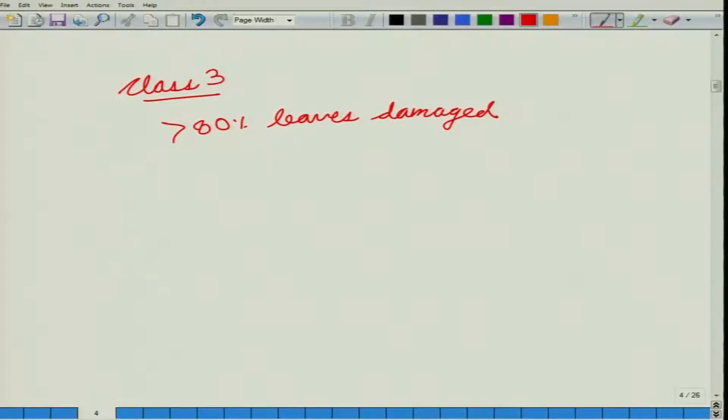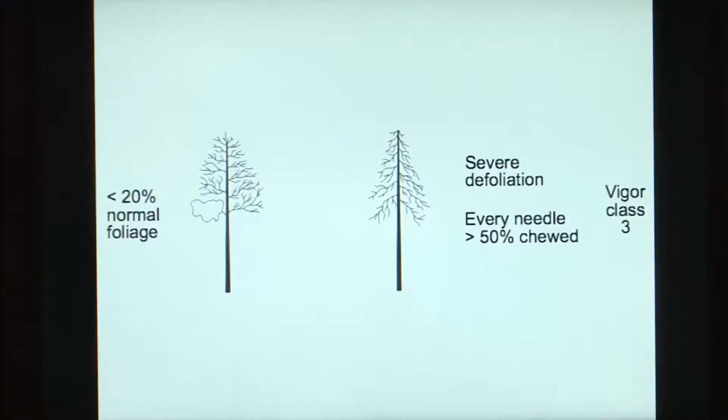So, coming back to the slides, here we are seeing less than 20% normal foliage, or maybe the sapling has a severe defoliation, or maybe every needle or greater than 50% of the needles are chewed. So, this will be called a vigor class 3.